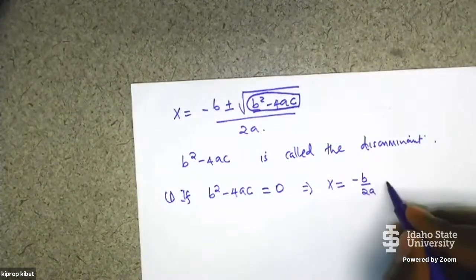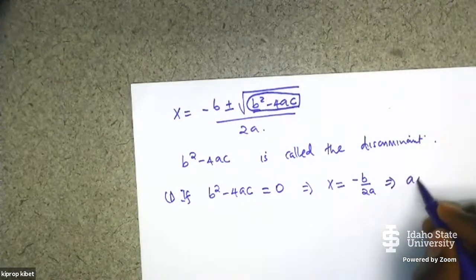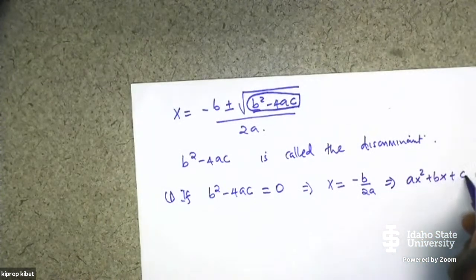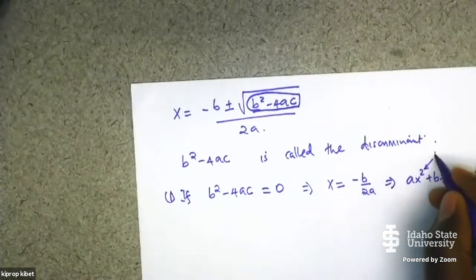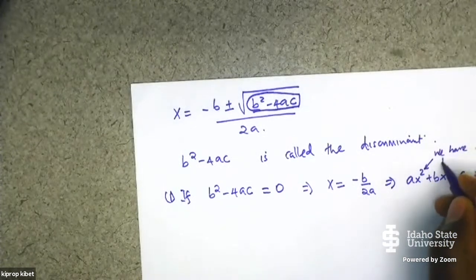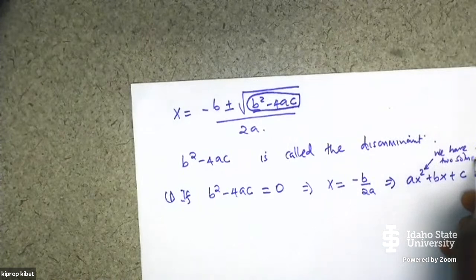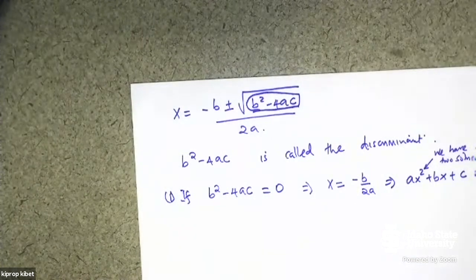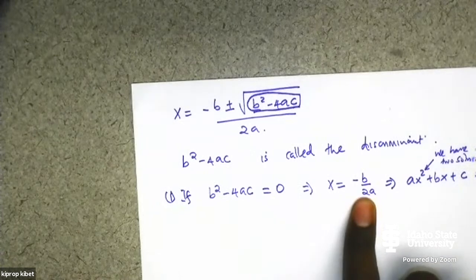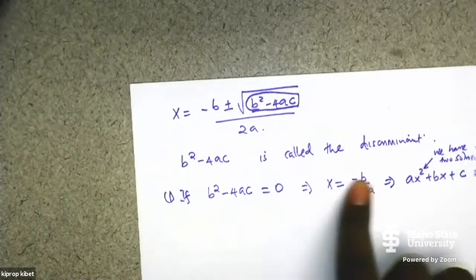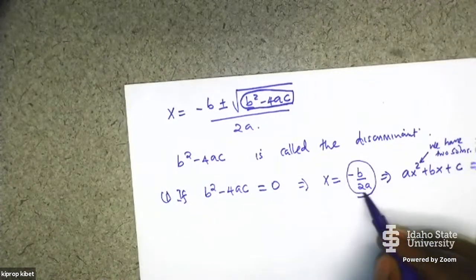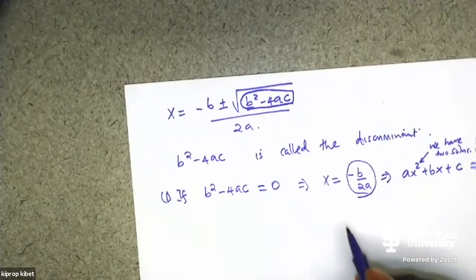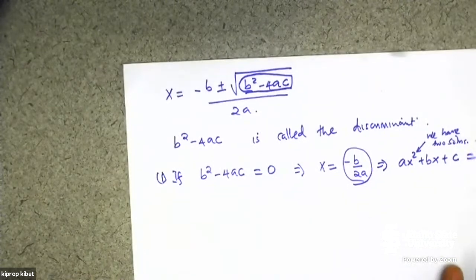Since this is quadratic, of the form ax squared plus bx plus c equals 0, it means we have two solutions.